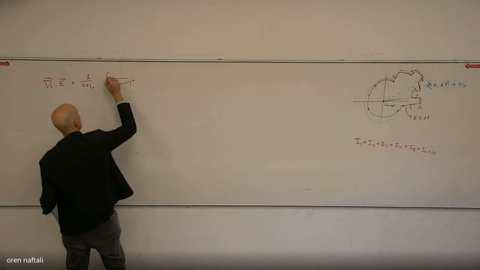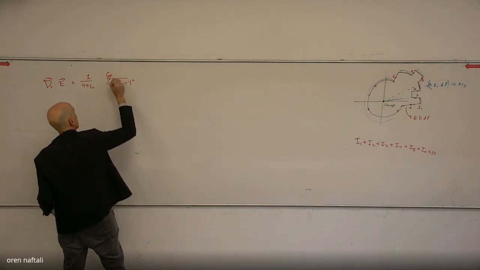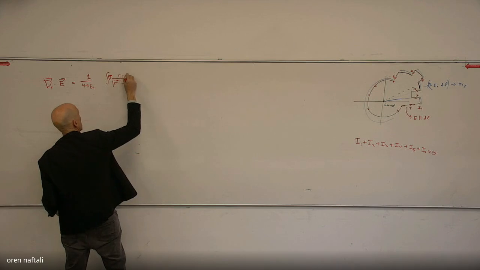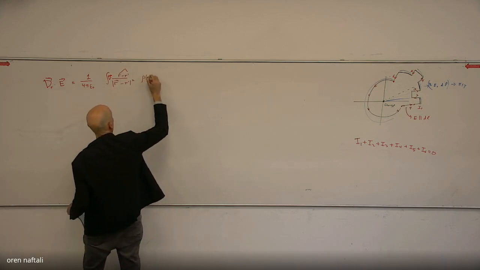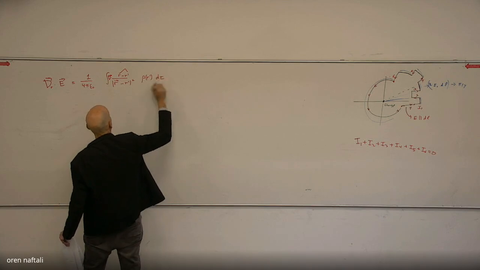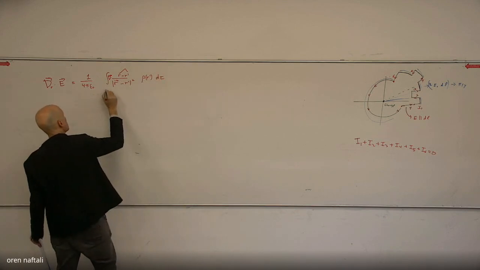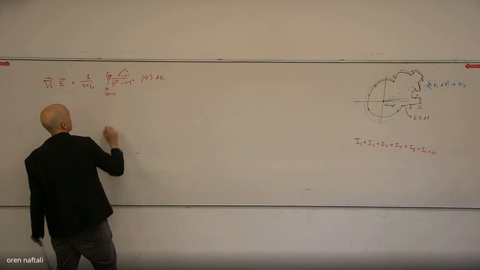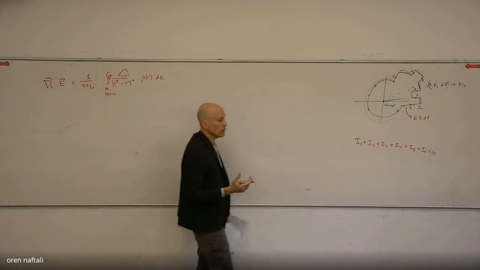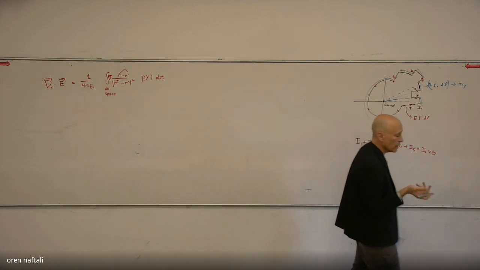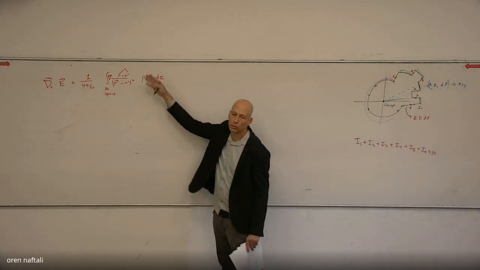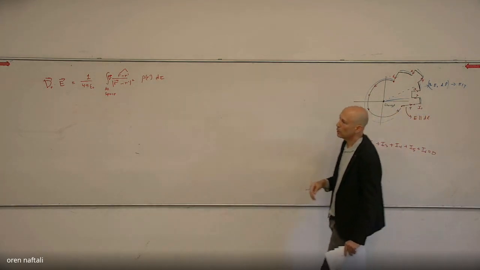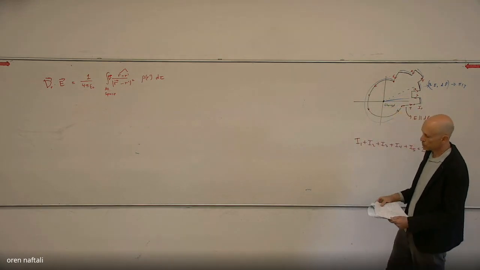Here I have r minus r prime, and here I have rho of r prime d tau. And the integration is over all space, wherever you have charges. Of course, if there are locations in space where the rho is 0, then you don't need to integrate over them, but in principle, over all space.